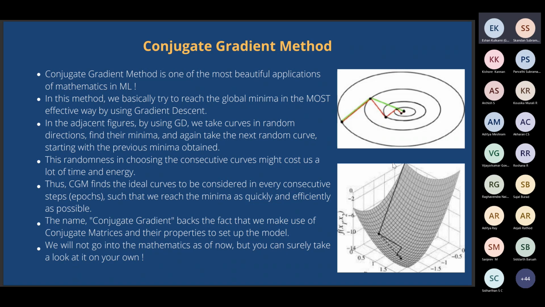But here, with the help of the mathematics, we uniquely determine these directions and the length of the steps such that we reach the optimal solution in minimum steps and minimum time. Okay, so this was the conjugate gradient method. I hope you understood the concept approximately. I'll move on to the next thing.